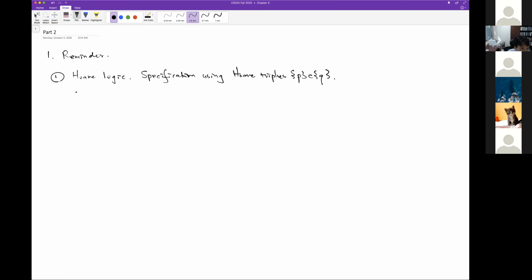And then we also talked about some proof rules for showing the satisfaction of specifications.